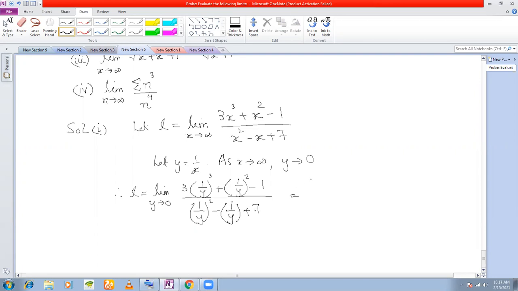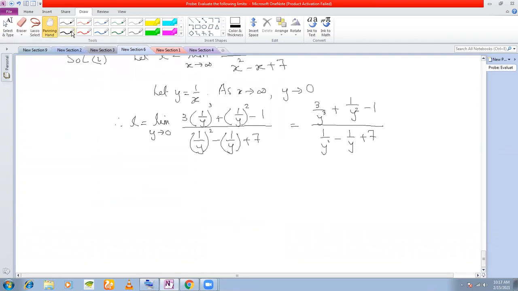So now this becomes 3 by y cube plus 1 by y square minus 1, divided by 1 by y square minus 1 by y plus 7. Now you take the LCM, and this is limit y tends to 0. Now you take the LCM in the numerator and denominator.